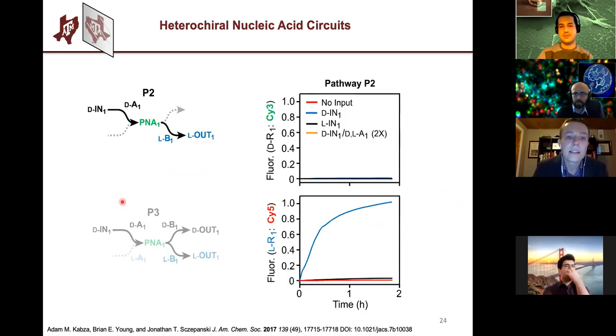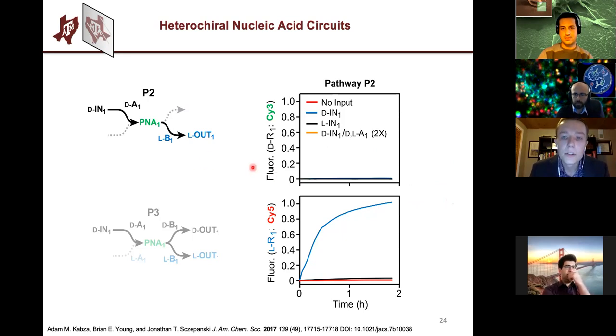So in the first case, like I mentioned, we have pathway 2, and there were many pathways in our actual paper, but I'm just going to focus on the ones that I want to talk about. Pathway 2 is where we have a D input, DA1, LB1, and L reporter, and D reporter present. In all of these cases, both reporters are present just to really show the orthogonality.